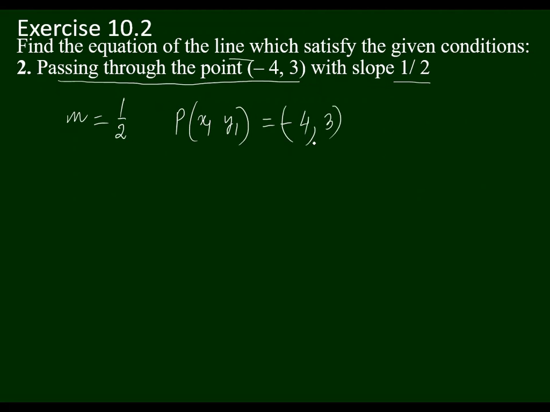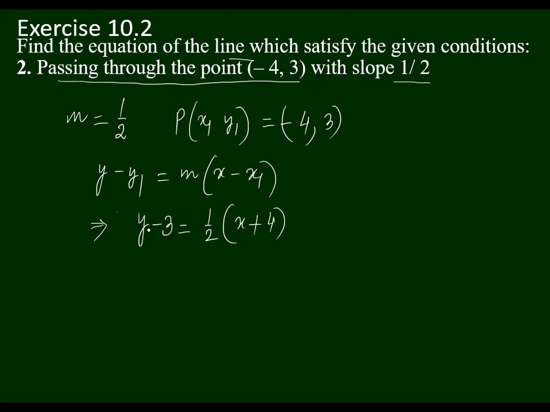I hope you can write the equation. y minus y1 is equal to m into x minus x1, or y minus 3 is equal to half into x minus (-4), that is x plus 4, and you will multiply by 2: 2y minus 6 is equal to x plus 4. So the equation is 2y minus x is equal to 10.